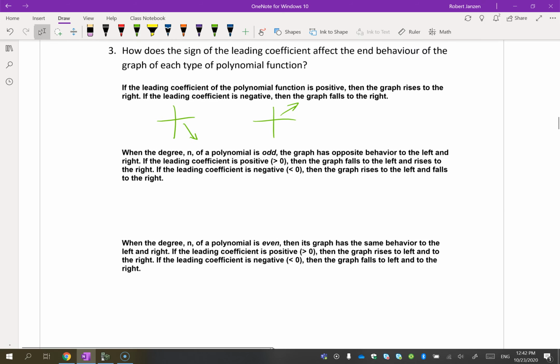Okay, when the degree n of a polynomial is odd, the graph has opposite behavior. So odd meaning like if there's a power of 1 or a power of 3, it'll be opposite, so either like this, or if they're negative, like this, and like that.